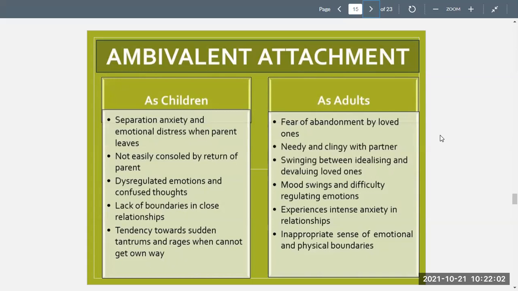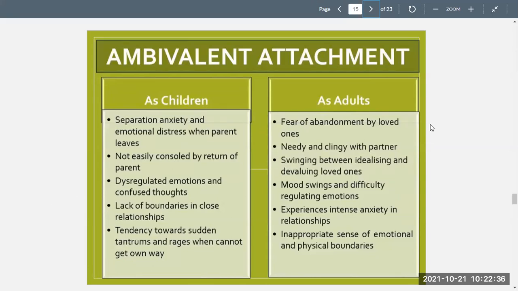So depending on what books or articles you read, they interchange between anxious attachment and ambivalent attachment. It's the same thing. So as children, an anxious attachment child experiences separation anxiety and emotional distress when the parent leaves, is not easily consoled by return of the parent, has dysregulated emotions and confused thoughts, lack of boundaries in close relationships, and a tendency towards sudden tantrums and rages when they cannot get their own way.